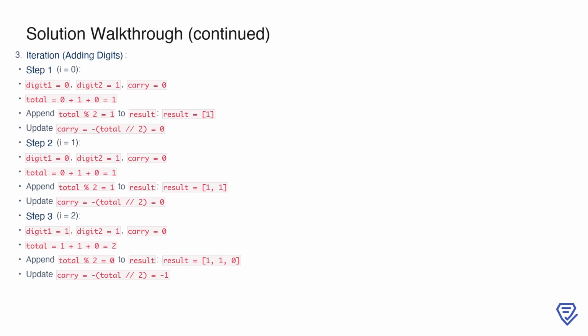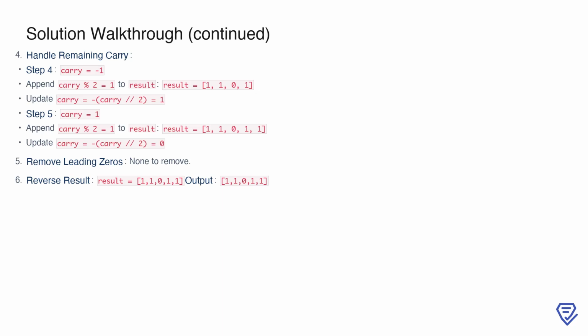At index 2, digit 1 equals 1, digit 2 equals 1, and carry equals 0. The total is total equals 1 plus 1 plus 0 equals 2. Appending total % 2 equals 0 gives result equals 1, 1, 0, and the carry is updated to -1. After processing all array indices, we handle the remaining carry. The carry is -1, so we append carry % 2 equals 1 to result, making it 1, 1, 0, 1.